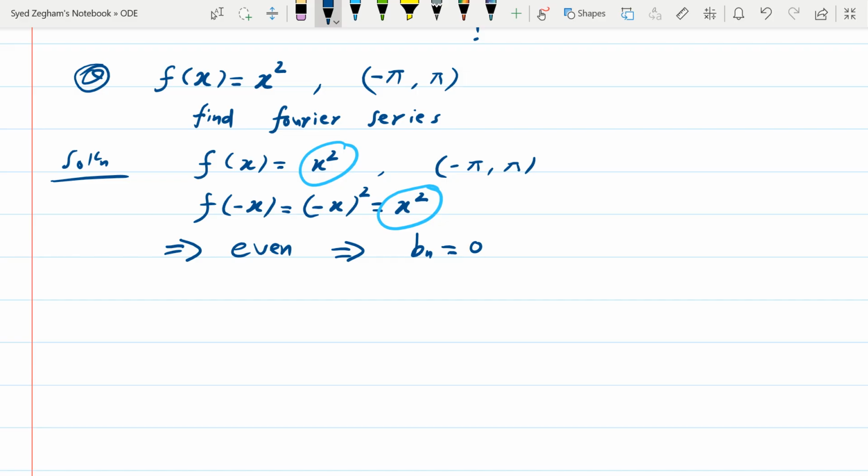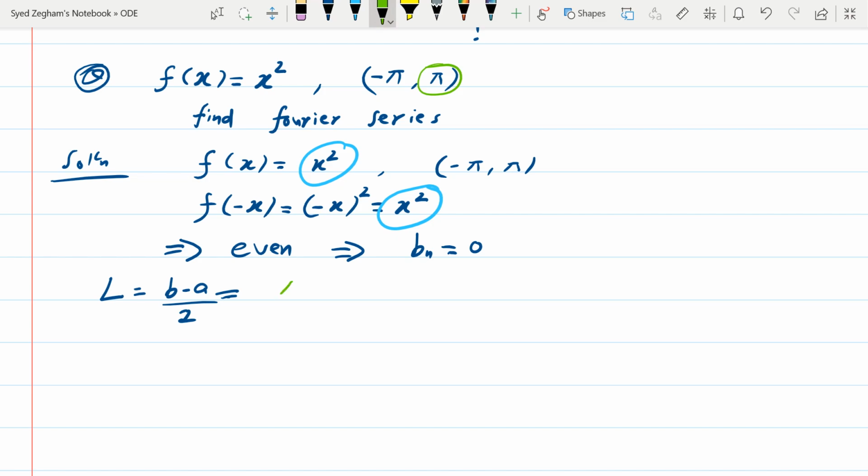In all the formulas, we will need L, which we define as b minus a divided by 2, where b is the endpoint of the interval.